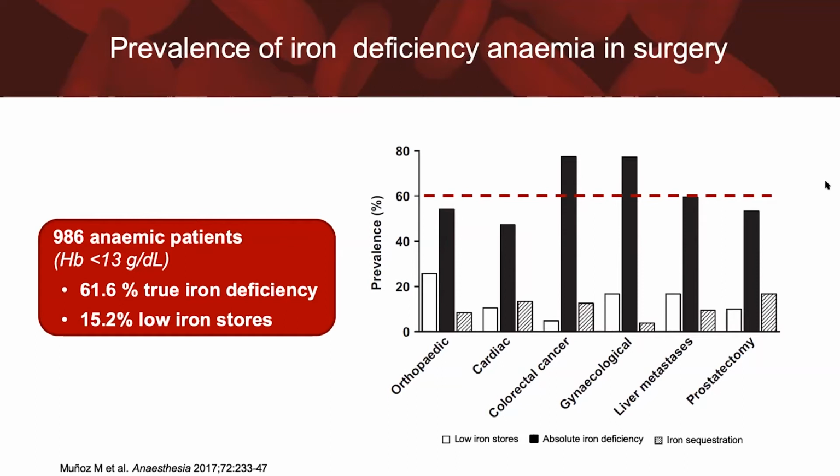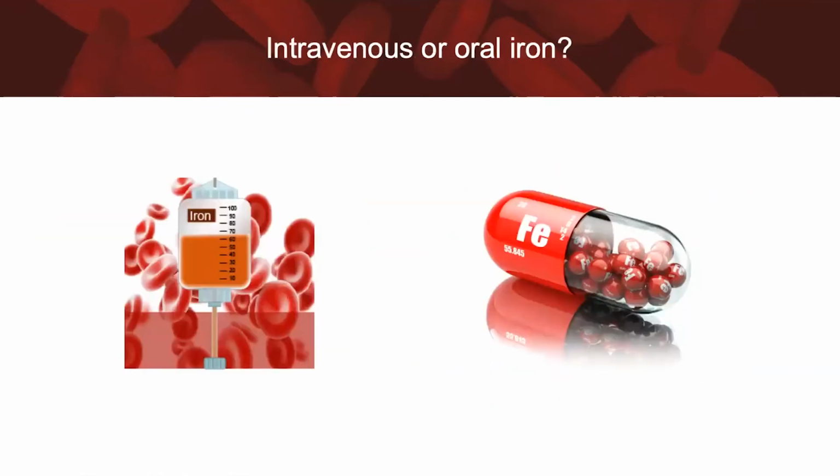It is a little bit higher in patients with bleeding, such as colorectal cancer patients or gynecological surgery patients. And you also have low iron stores in around 15% of the patients. So iron deficiency is very frequent in pre-op periods, and we have two ways of treating it. First of all, we can use oral iron, or we can use intravenous iron.